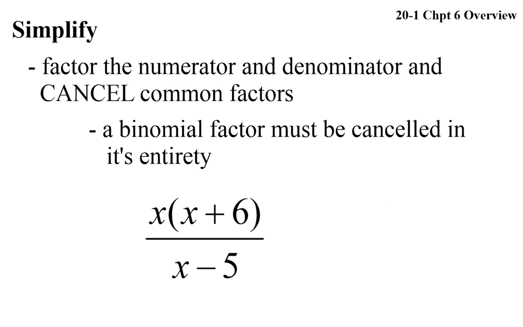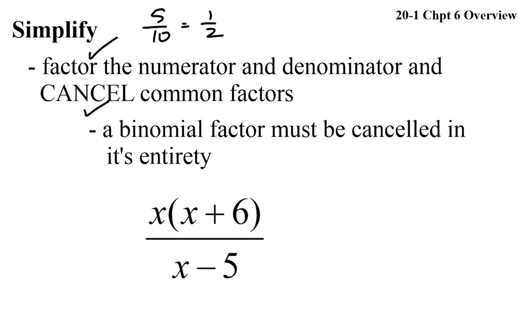So what we do have, though, to start with, first process we talked about was simplifying a rational. No calculations, just like with a fraction. If you have 5/10, well, we can simplify it to 1/2. In order to simplify, factor the numerator and denominator, and then cancel the common factors.